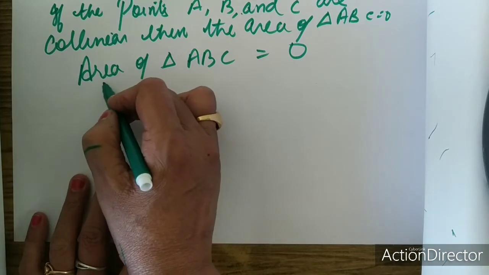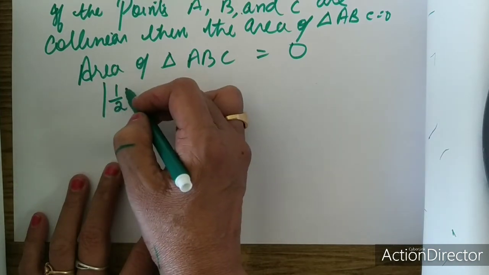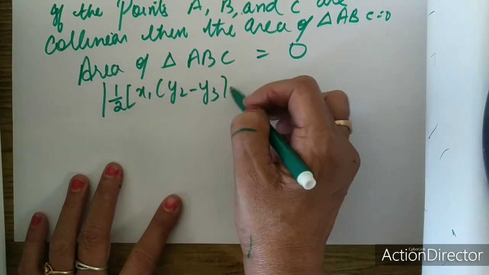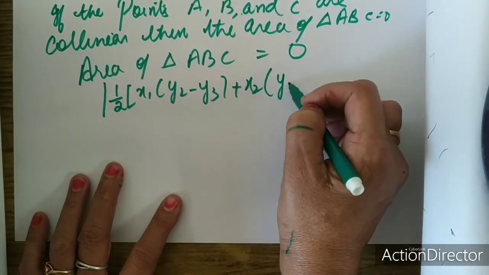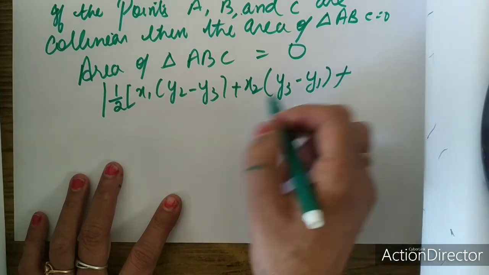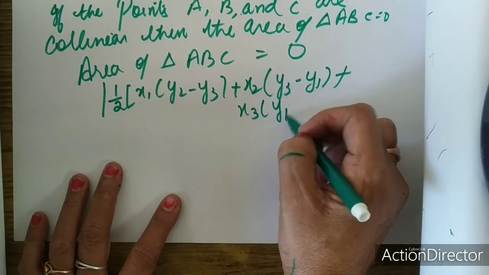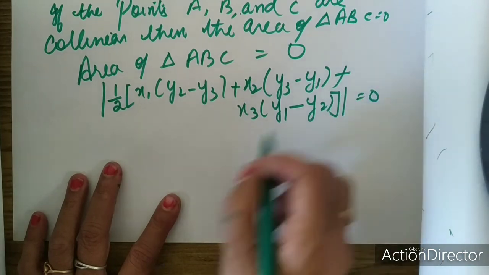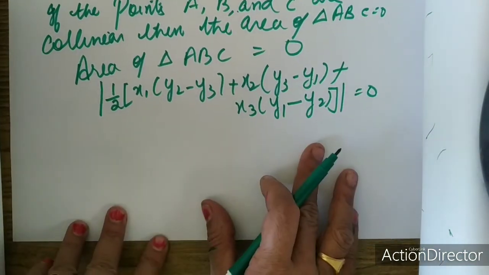So what is the formula here? Half into x1 into y2 minus y3 plus x2 into y3 minus y1 plus x3 into y1 minus y2 is equal to 0. So let me put the values now.